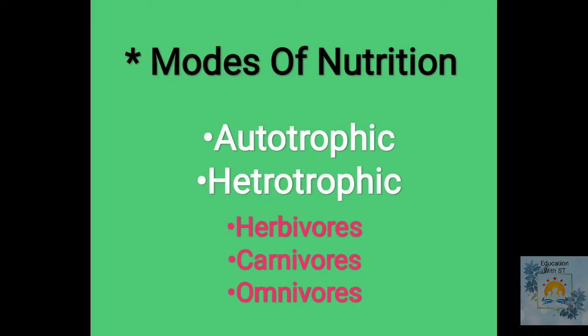After nutrition, we have learned modes of nutrition. In that we have learned autotrophic nutrition, heterotrophic nutrition, and in that also there were 3 topics: herbivores, carnivores, and omnivores.